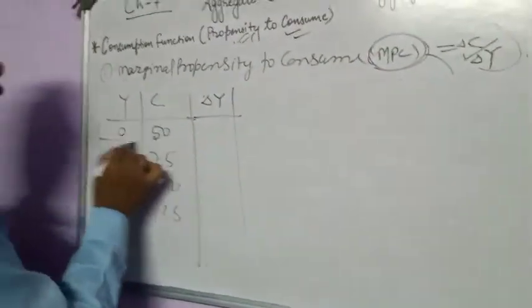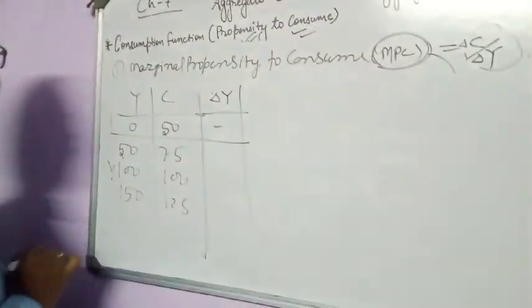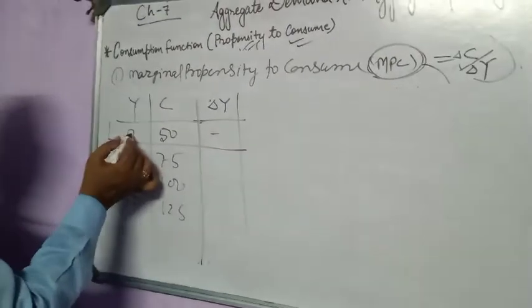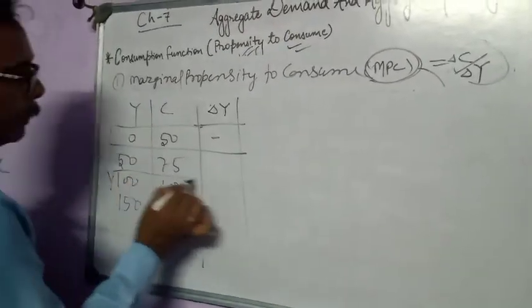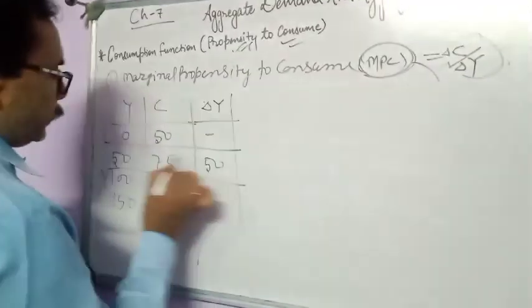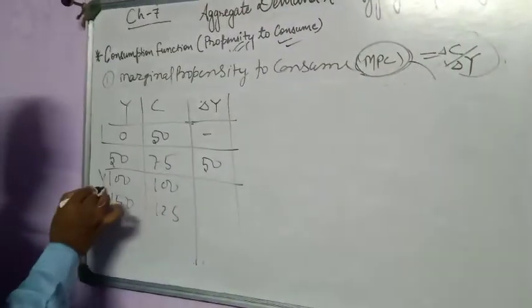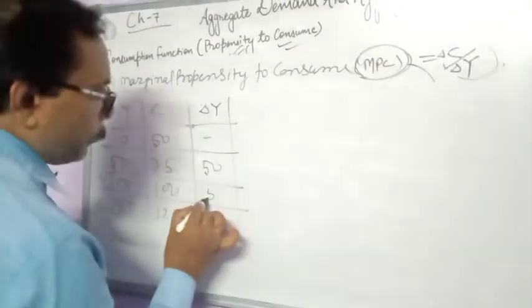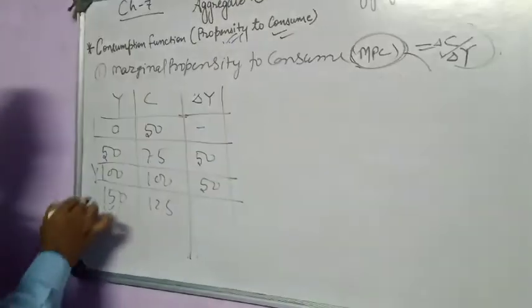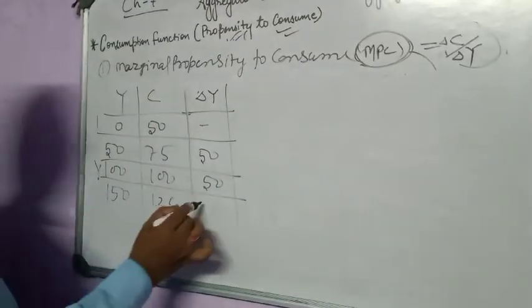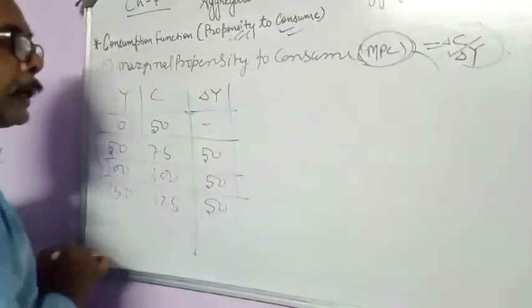So this is the first stage, so there is no change. Now, income changed from 0 to 50. How much has it changed? That is 50. Again 50 to 100, suppose that is 50. Again 100 to 150, that is again 50. Clear?